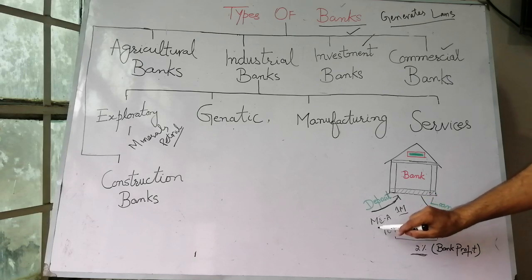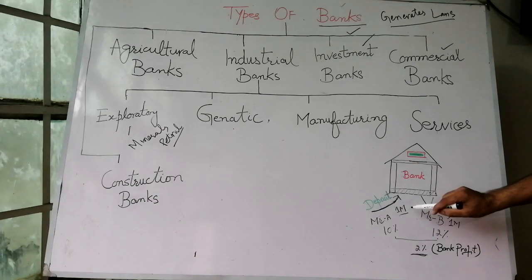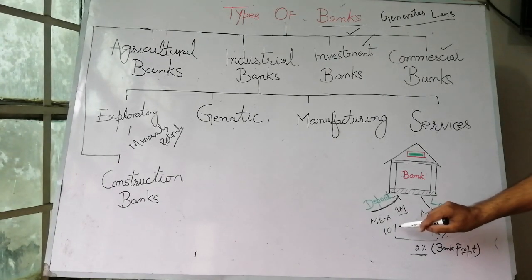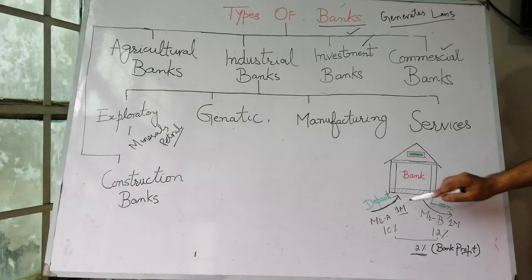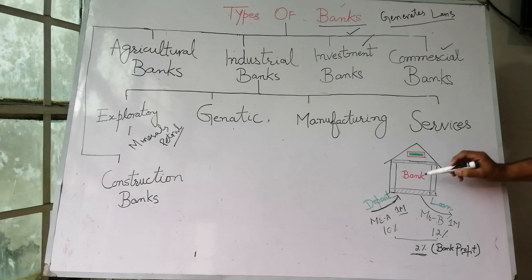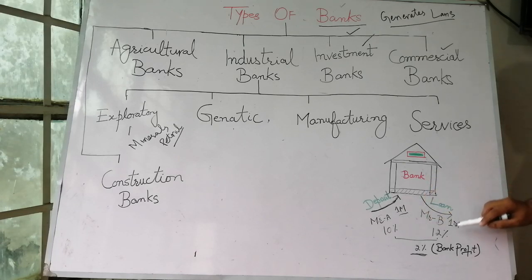For example, Mr. A comes to the bank and deposits his 1 million with the bank, and the bank will offer 10% interest to Mr. A. Then after him Mr. B comes to the bank and he needs a 1 million loan. The bank will give this 1 million to Mr. B at a 12% interest rate.